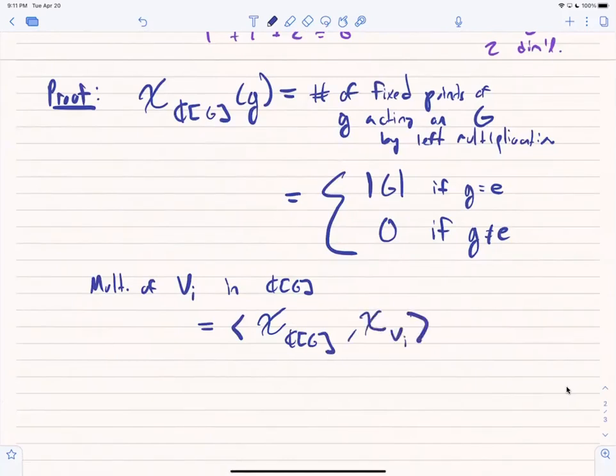Knowing nothing about the character of VI, we might be worried that this is hard to compute.